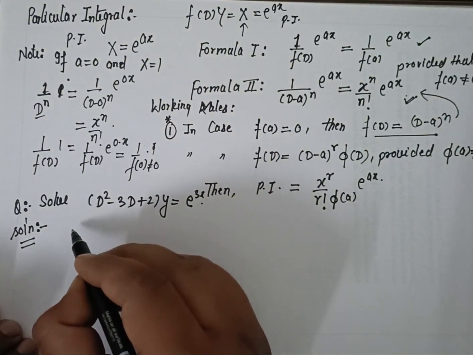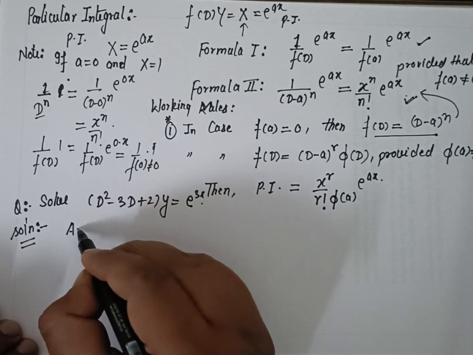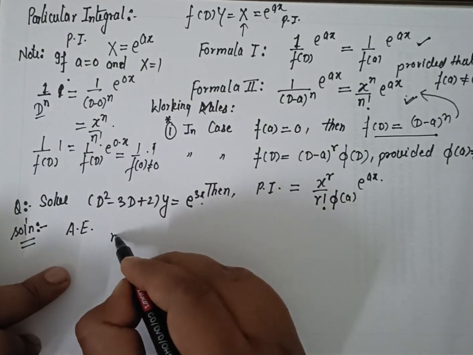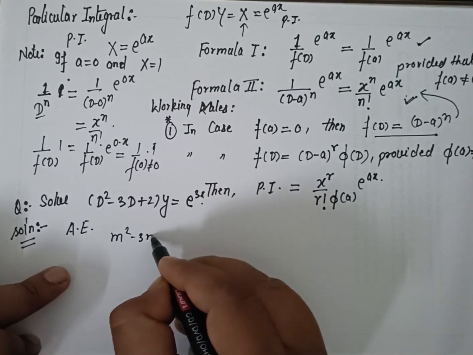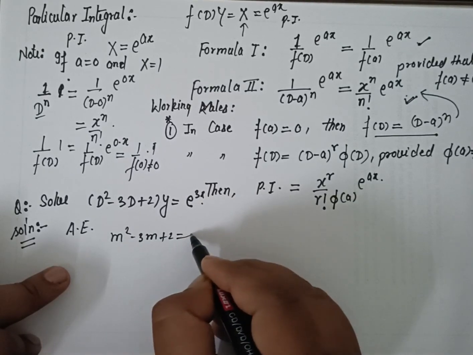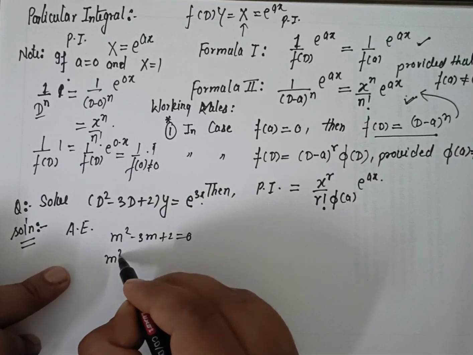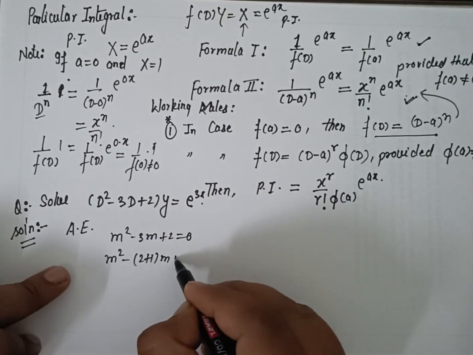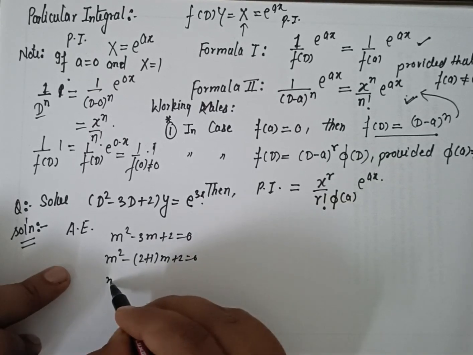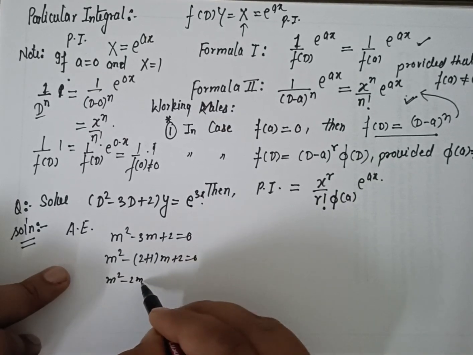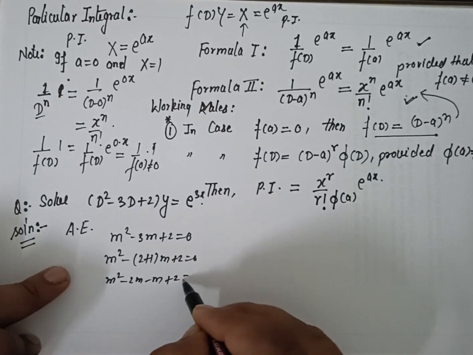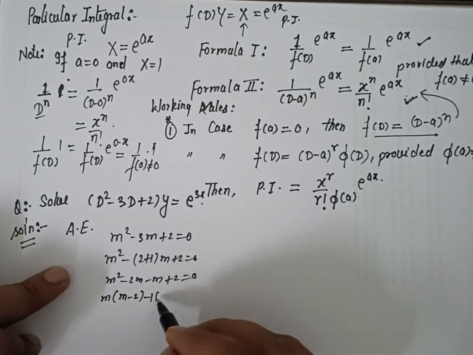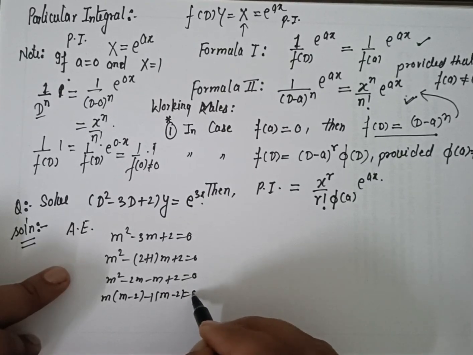So the auxiliary equation to find the complementary function is m square minus 3m plus 2 equal to 0. Now split the middle term: m square minus 2m minus m plus 2 is equal to 0. You can take m common, m minus 2, minus 1 common, m minus 2 is equal to 0.